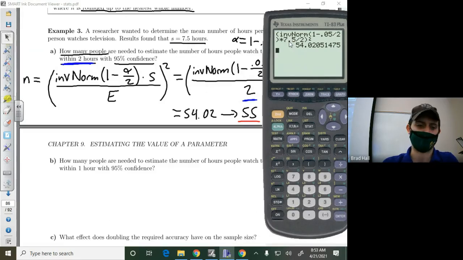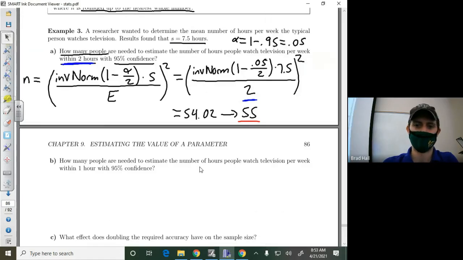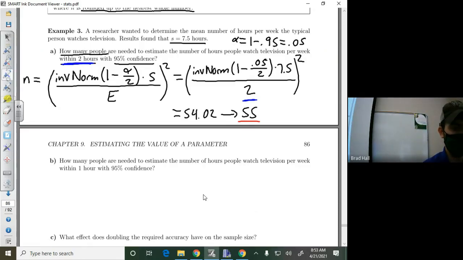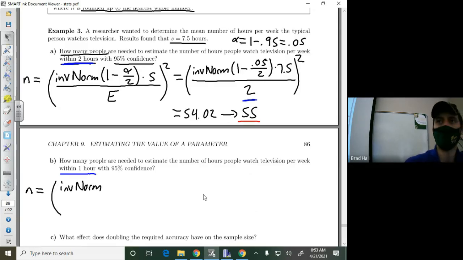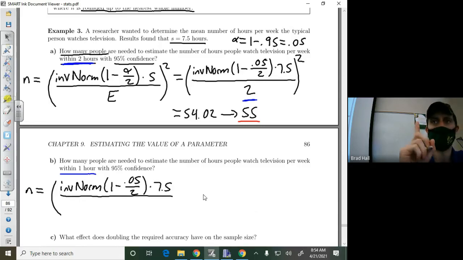Well, I guess let's practice it. The next problem: it's within 1 hour with the same level of confidence. So really the only thing that changes here, the same level of confidence means the same alpha, 1 minus 0.05 divided by 2, times 7.5 divided by 1 now, because it's within 1 hour, and that's all squared.